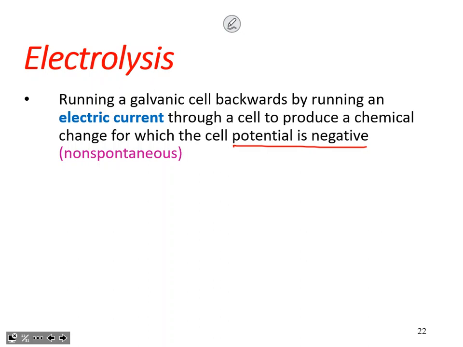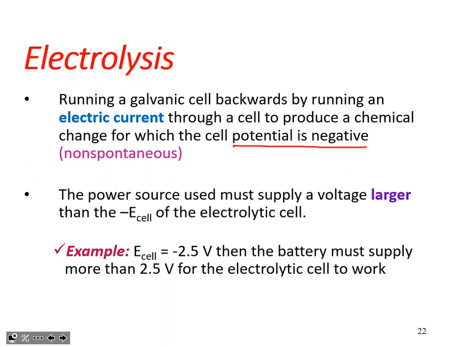The cell potential happens to be negative. The power source used must supply a voltage that is larger than the negative E cell for the electrolytic cell. Since we're running it backwards, we're always going to have negative for our cell potentials.